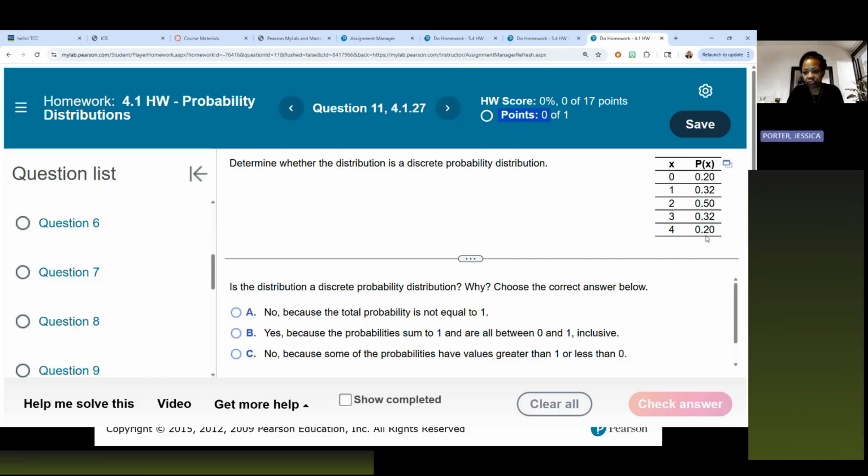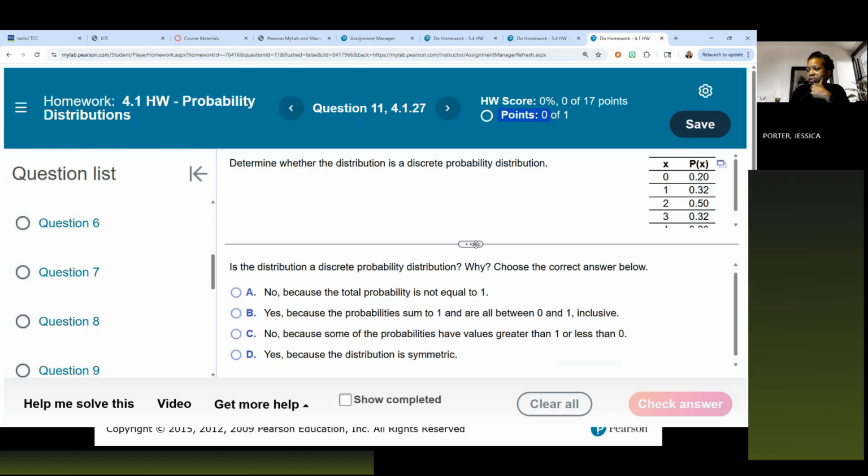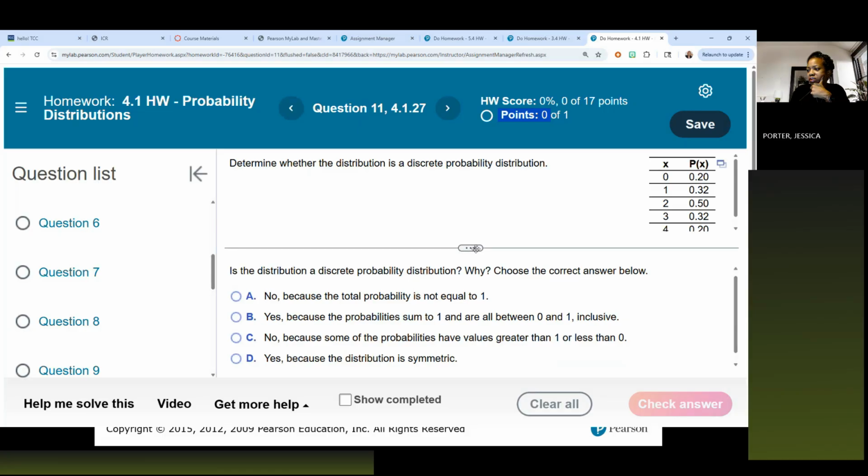Well, one thing I'm looking at is that you've got this 0.5 here, and 0.3 and 0.2. That's 0.52 right there, plus 0.5, that's greater than 1. So the answer here is what? A, B, C, or D? Right, no, because the total probability is not equal to 1.